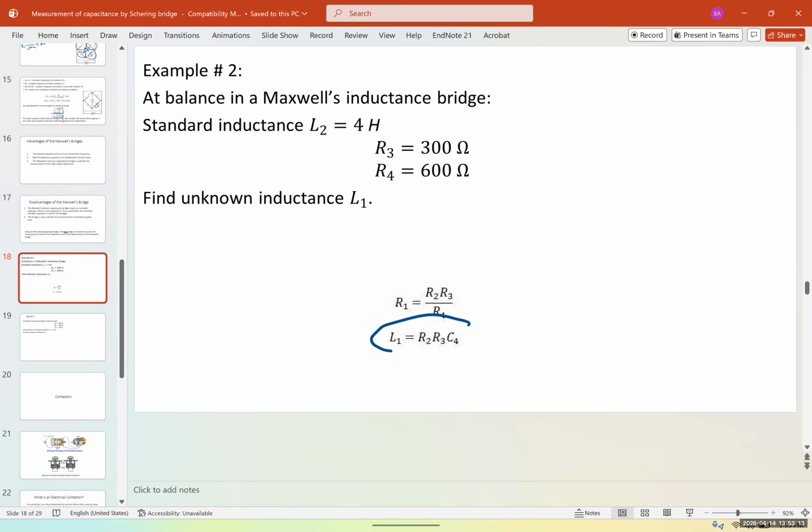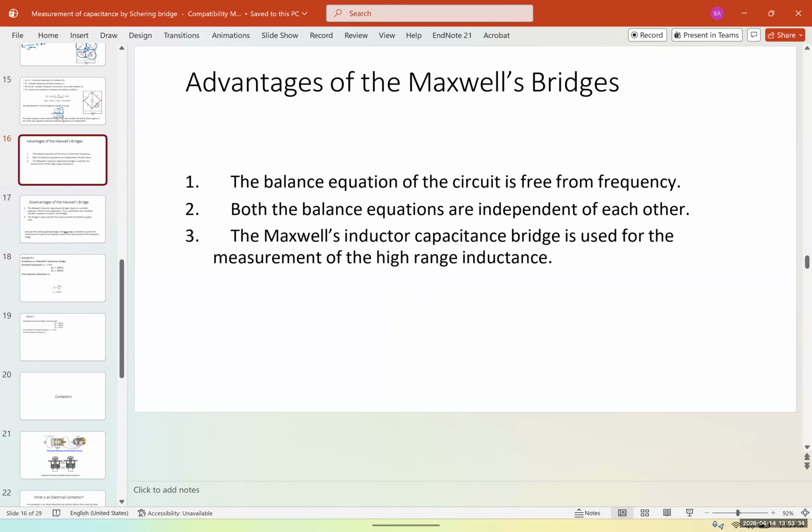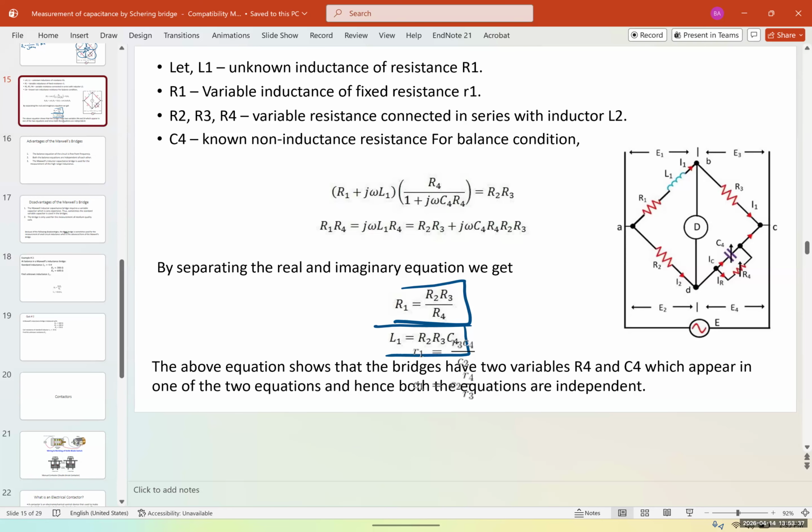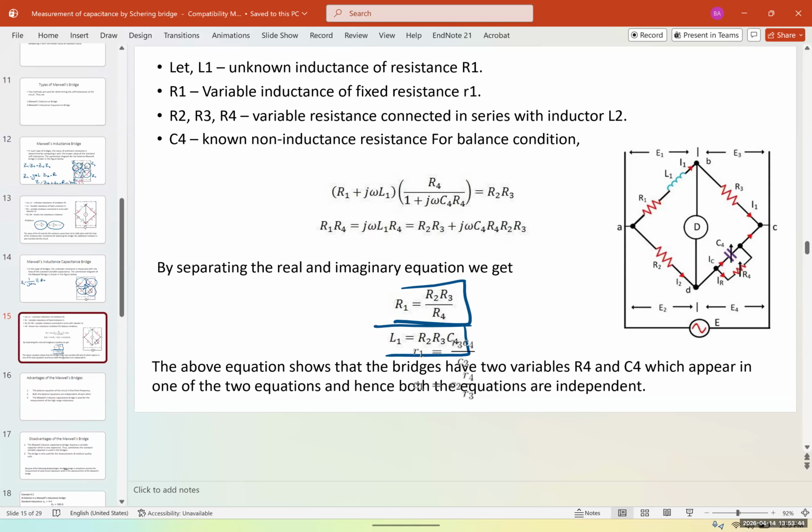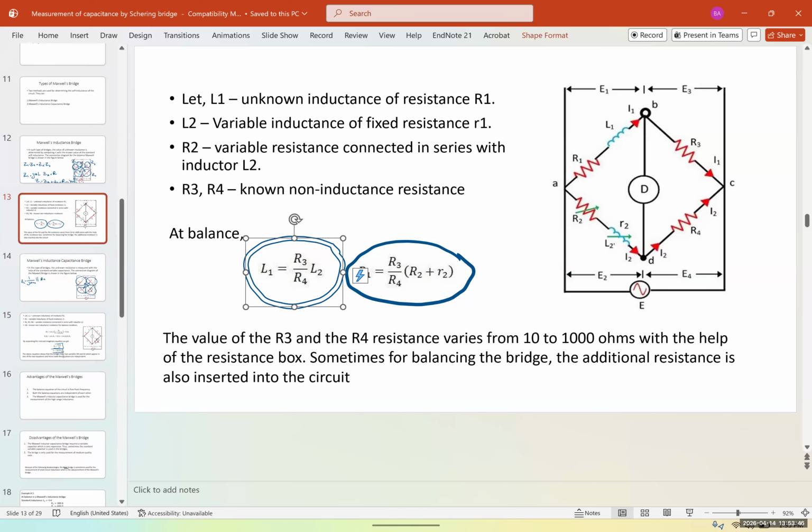So we're going to use the equation that we had. We have R3, R4 known, and we have C4 known as well. And what is the other equation that we had? They use the one for just the inductance bridge. Yes, it's going to be this one.